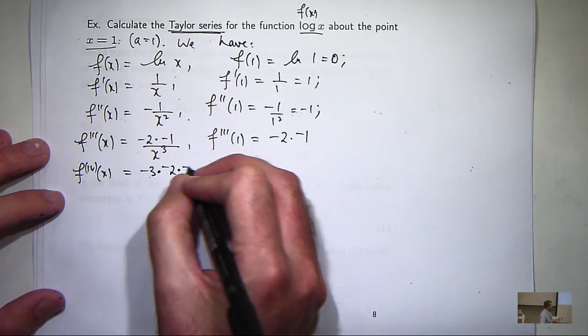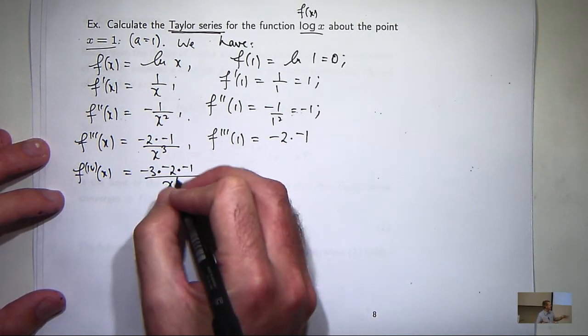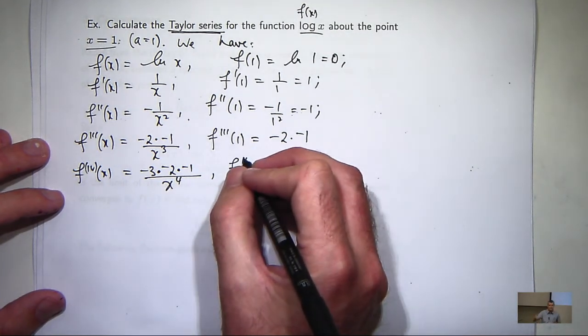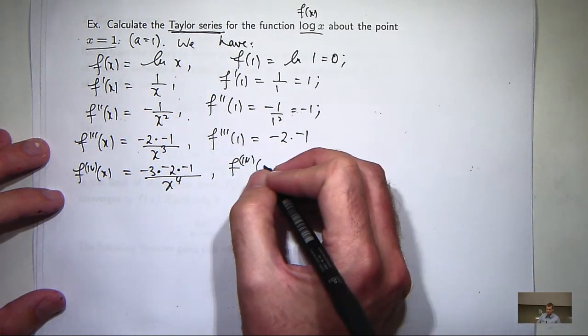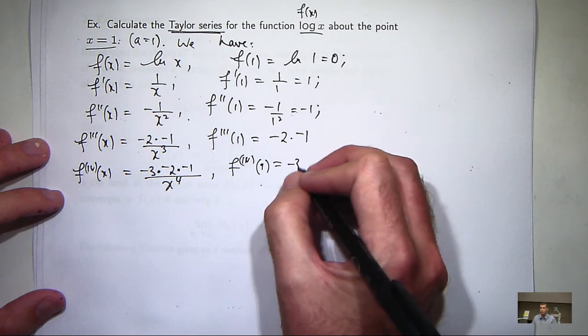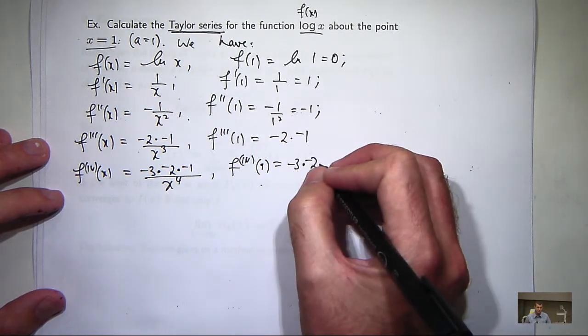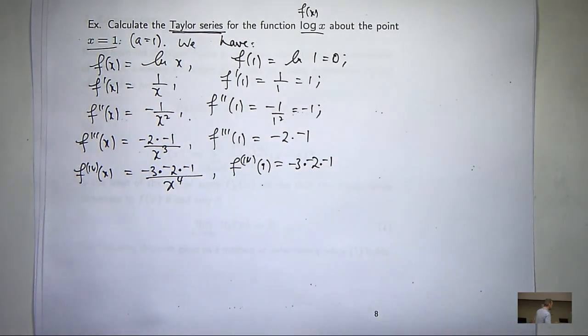Now I guess the zeroth derivative at 1 is just 0. But all the other ones follow some sort of pattern. Oh, hang on. Yes, some sort of pattern here. So the pattern can be written like this.